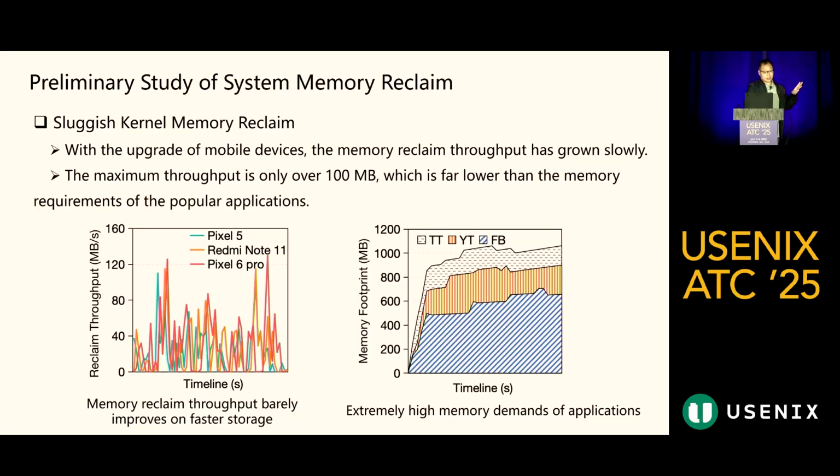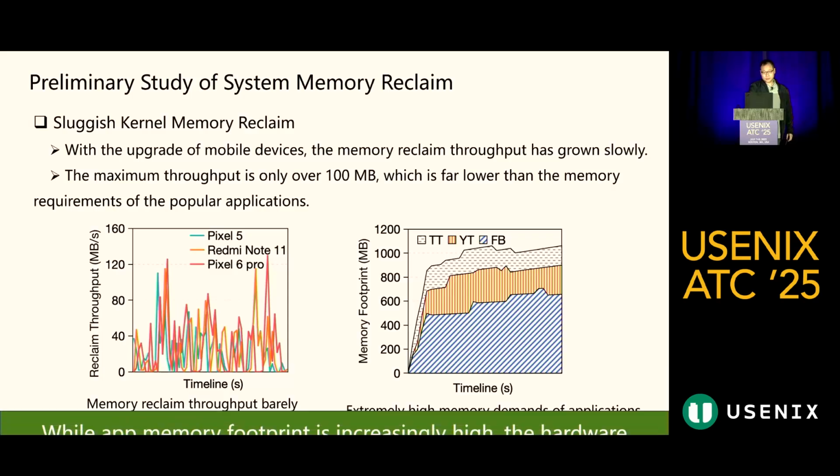Okay, the maximal throughput is only 120 megabytes per second. But our application memory footprint requirement is much higher. It requires around 1 gigabyte. Okay, so this is a big gap. How to speed up the reclaim throughput to match the memory footprint requirements should be solved.